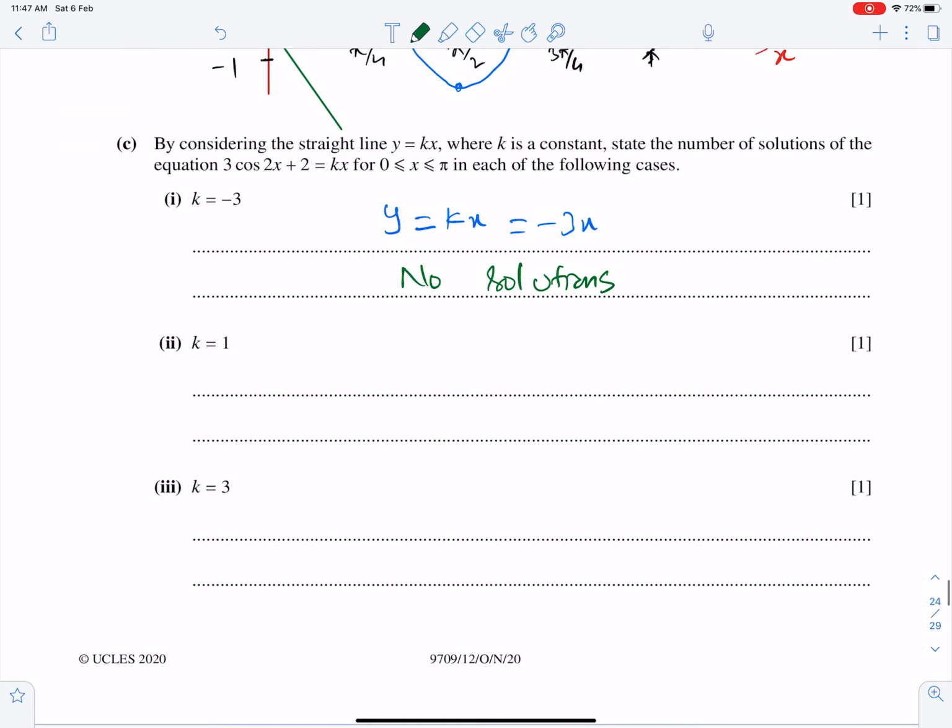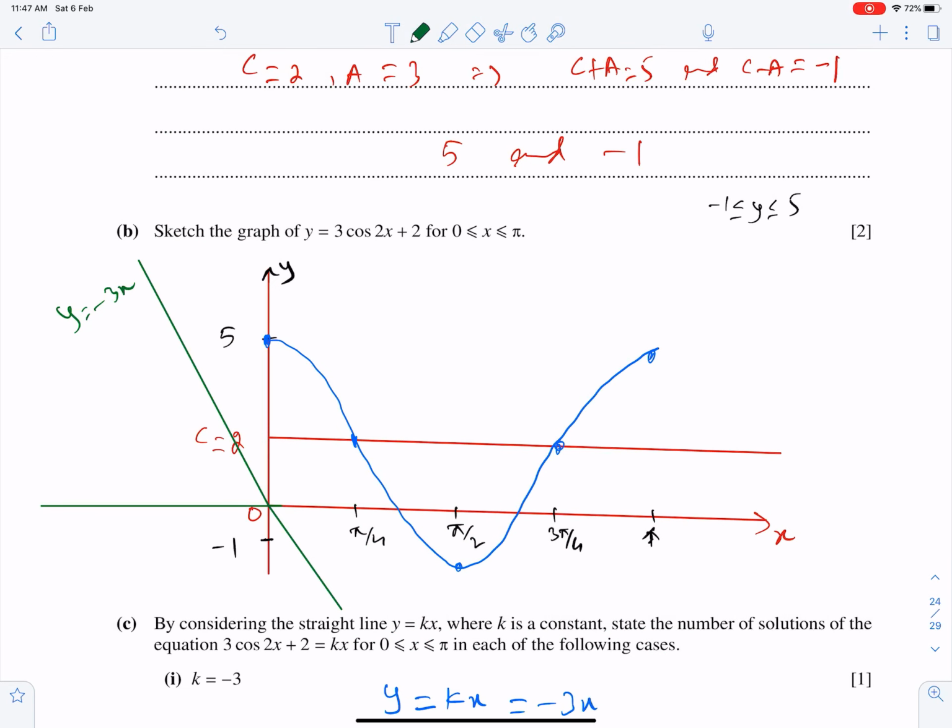Now the second part, k is 1. Therefore the equation of line will become y is equal to x. Now y is equal to x is very important. This is 1 and this is 1. So this is here. So this is y is equal to x.